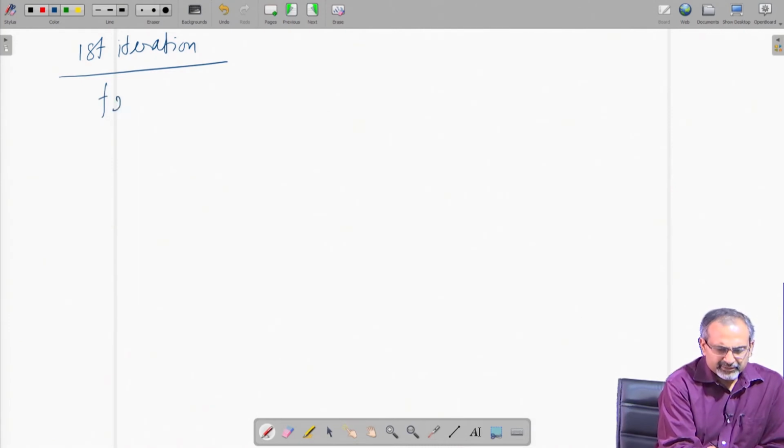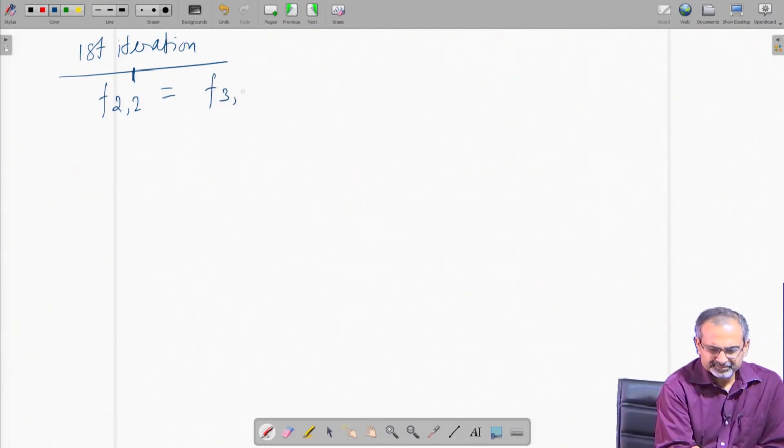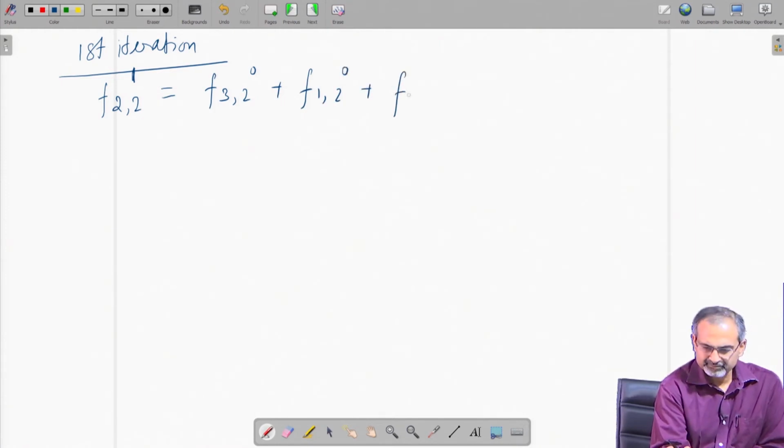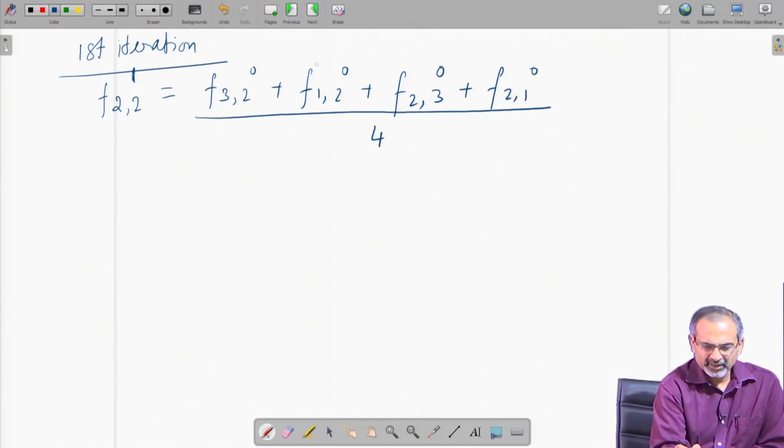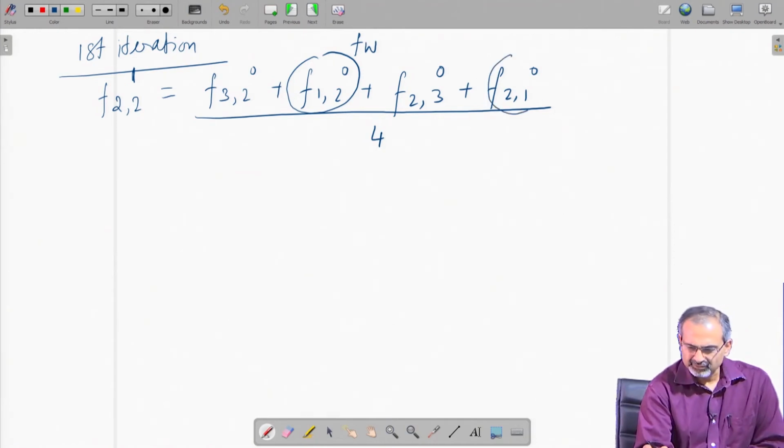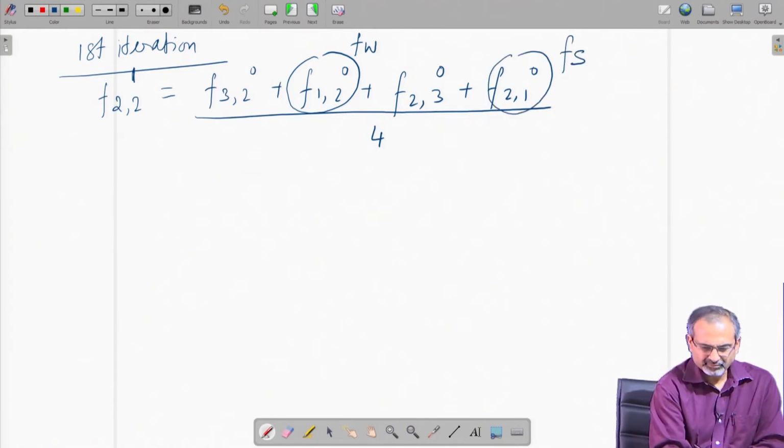So, for the point 2 2, we put a superscript 1, which means the first iteration, and we put it this way. We need to realize that this value comes from the west boundary and this one from the south boundary, while the other values come from the initial guess.